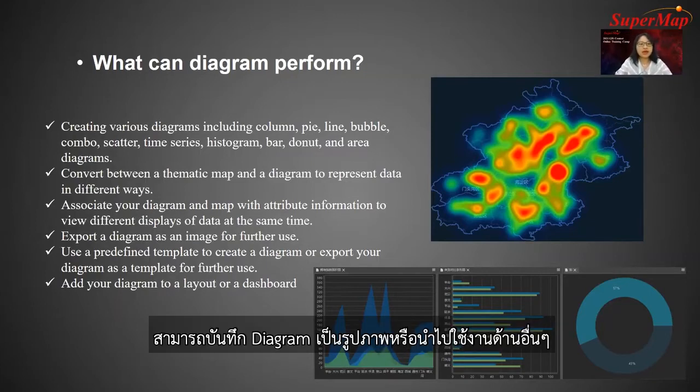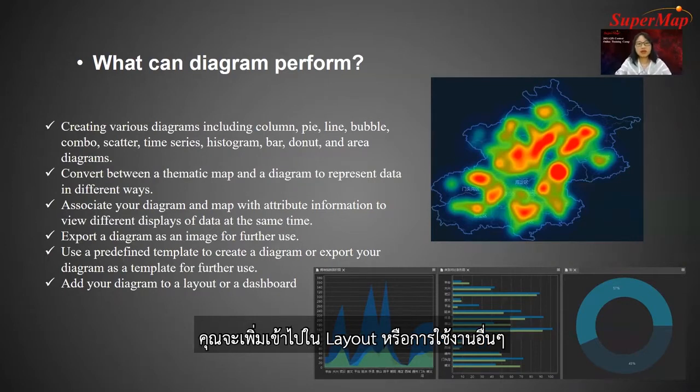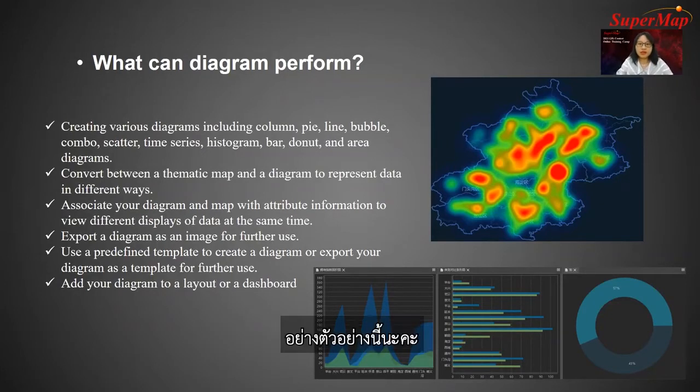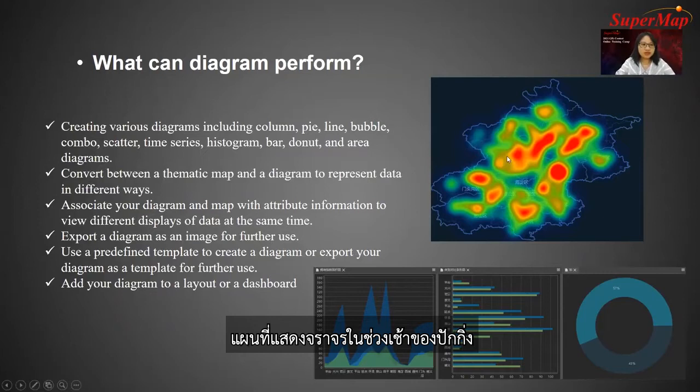And also we can export the diagram as an image for further applications, such as adding the image to the layout, or for your other applications. Here is an example. This map shows the traffic jam situation of Beijing in the morning rush hour. From the map, we can roughly know where the hot areas and cold areas are.